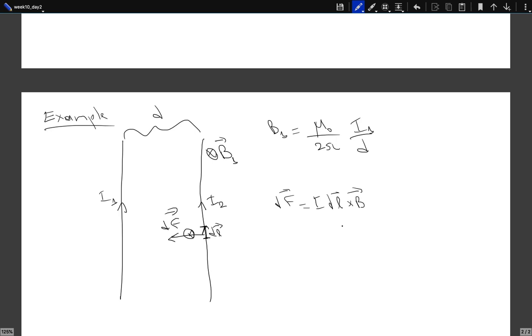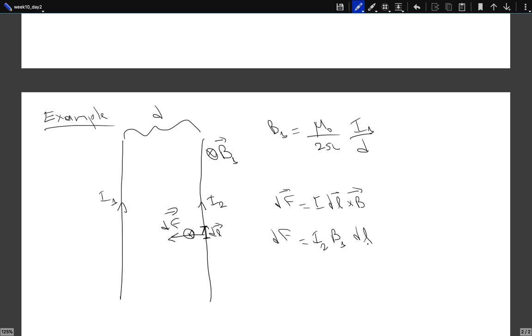And, well, let's just calculate it. What's the magnitude of this dF? It is I2 times B1 times dl. This will be the magnitude of the force.